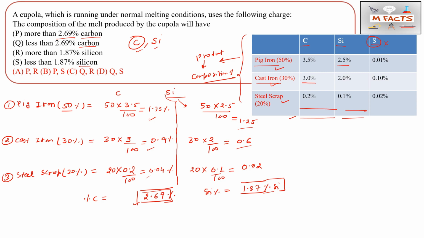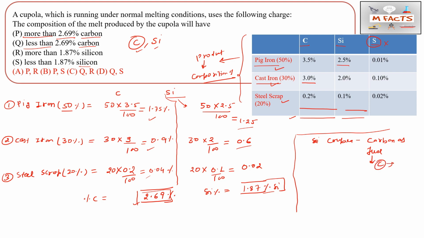But how can we get an idea about the more than or less than values? One thing you should know about the cupola furnace is that it is basically a coke based furnace, so cupola uses carbon as a fuel. Whatever we charge in the cupola furnace, that carbon goes for the reaction.